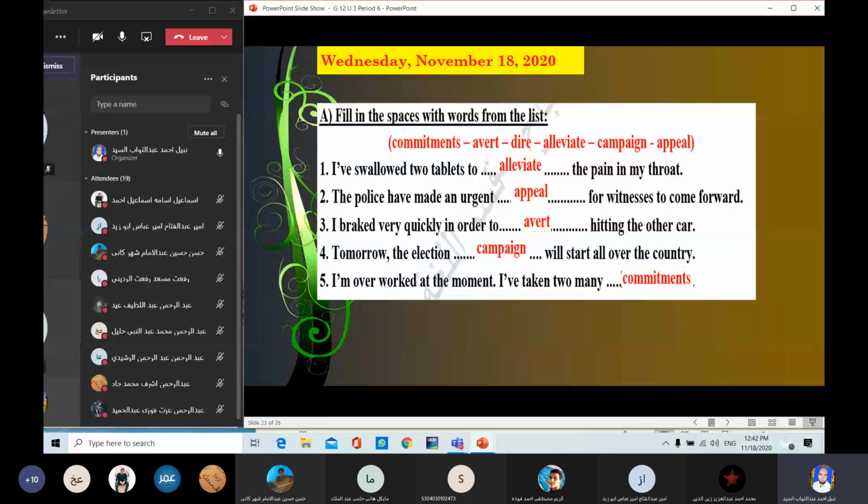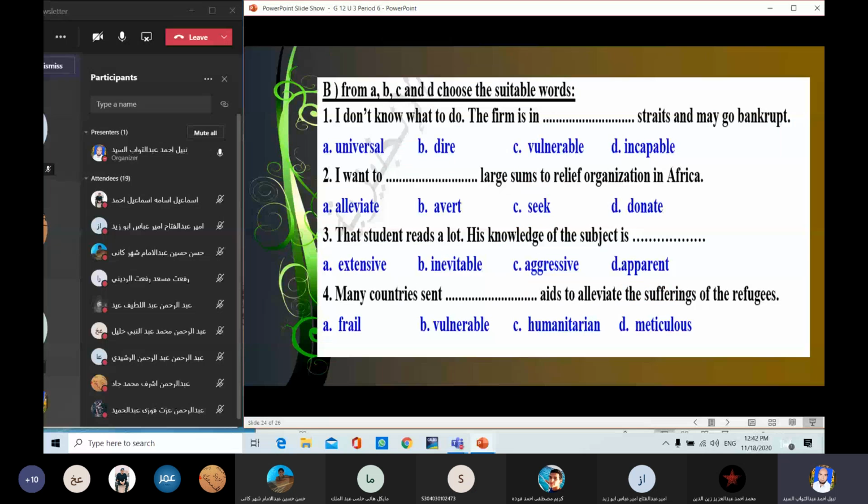We are revising here, unit 3. From A, B, C, and D, choose the suitable words. The firm is in straits and may go bankrupt. Firm means company. I want to donate large sums to relief organizations in Africa.